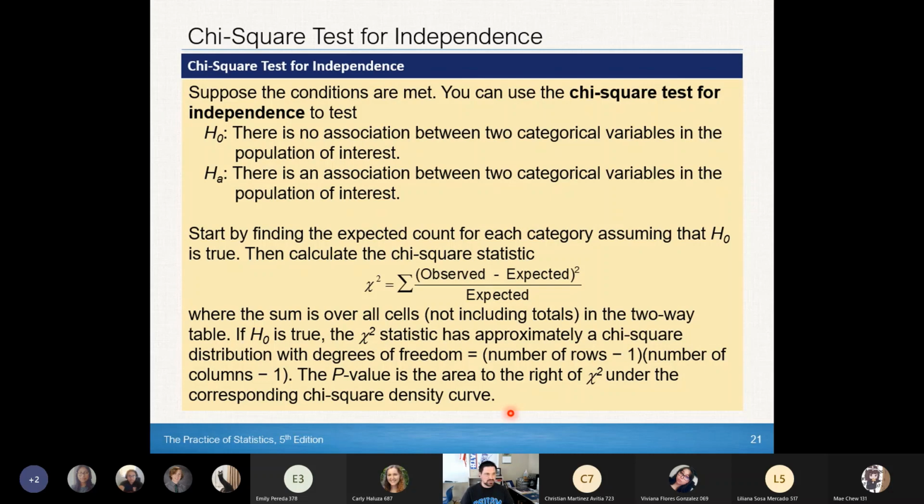Is there a difference between the distributions of the two populations for this single variable versus checking for an association between two variables within a single population? And so that affects how you write your hypotheses and then ultimately how you write your interpretation and conclusion. The middle part, the calculation part, is the same.